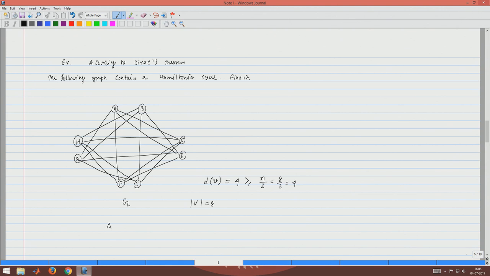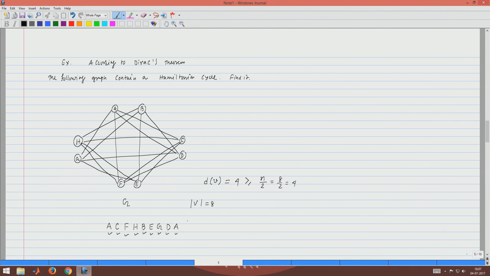This is one Hamiltonian cycle: A, C, F, H, B, E, G, D, A. You can check that this is a Hamiltonian cycle, because it includes all the vertices A, B, C, D, E, F, G and H, and A again because it is a cycle.